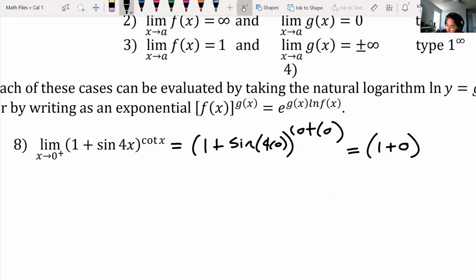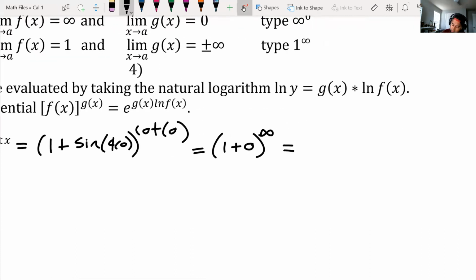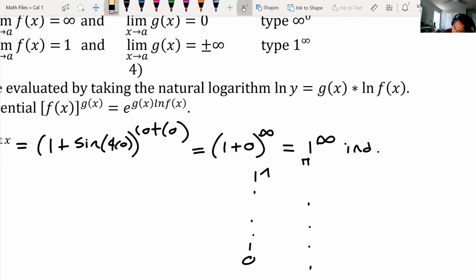So cotangent at 0 will give me infinity. So this will become 1 to the infinite power, which is indeterminate. And remember, cotangent looks like this. A little weirder. 0 and pi. So that's why we go to infinity.